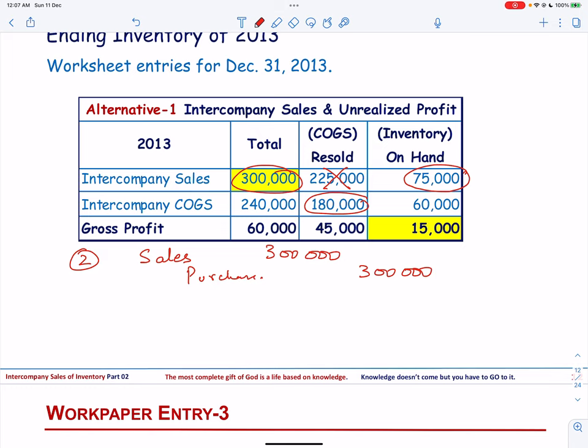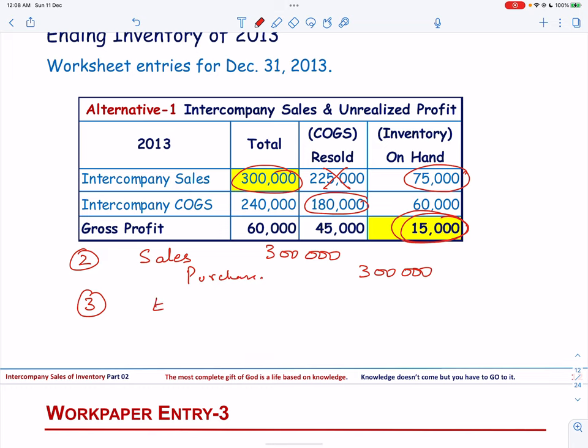So there is an addition of 15,000 in the ending inventory in the form of an unrealized profit, and this must be eliminated. So we are going to debit the ending inventory in the income statement and credit the ending inventory in the balance sheet to eliminate unrealized intercompany profit in ending inventory.